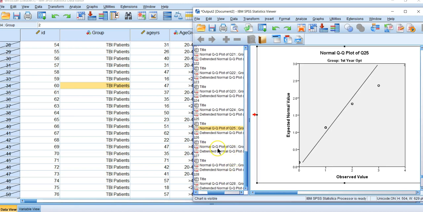It's a little off. 26, 27, 28. Okay, so we have some questions there that don't really fit the normal distribution.